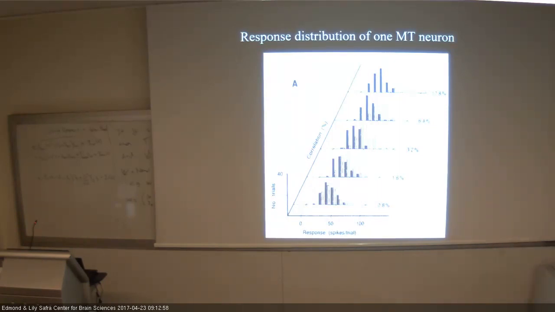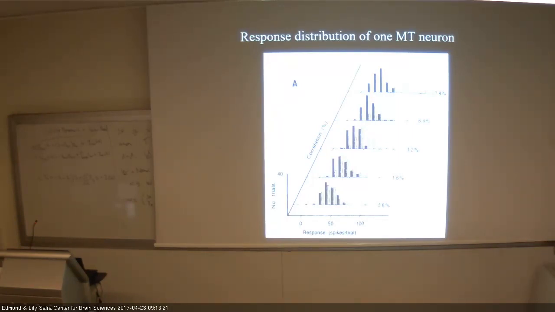But in any case, what you can see is that when you present the same stimulus, let's look here. You have a distribution here which describes the firing rate of that specific neuron when the stimulus was at 12.8% coherence. This is when it moved in the preferred direction, and that's when it moved in the null direction.